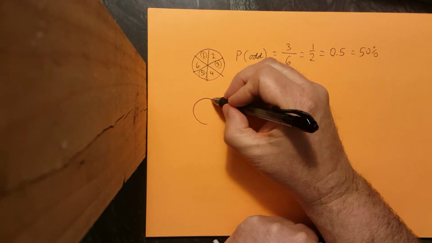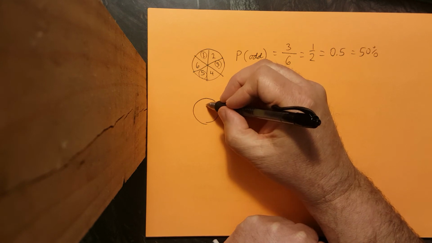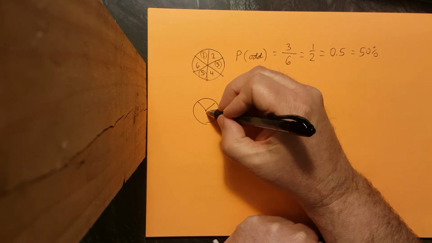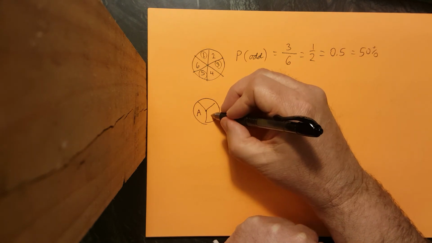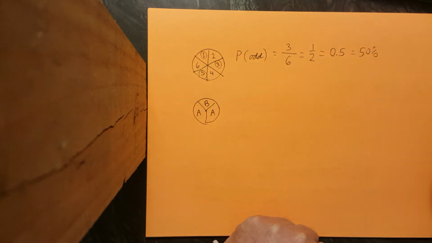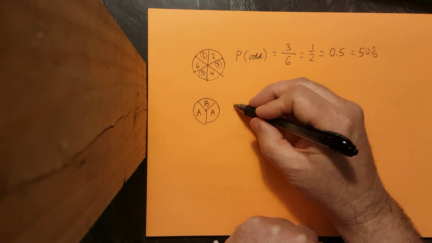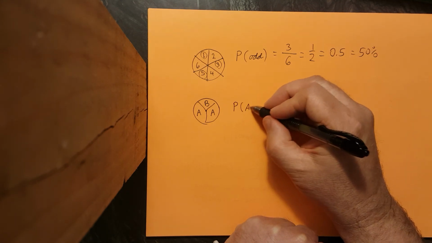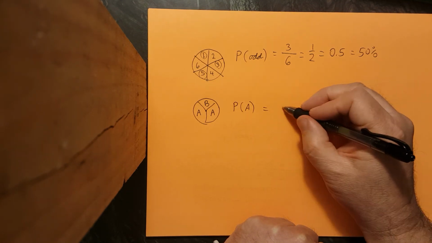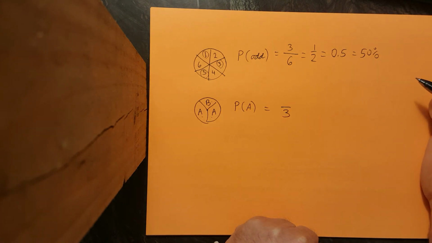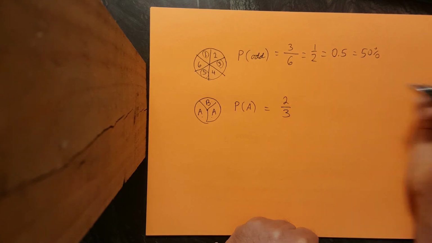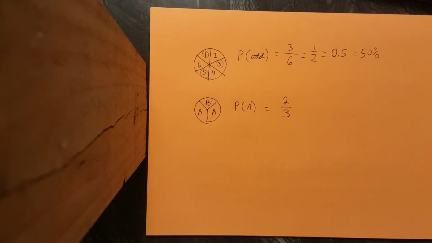They might make another spinner, and they might divide it only into 3 parts. And they might put A, A, B. Okay. What's the probability of A? Well, here there are 3 total possible outcomes, 1, 2, 3, and 2 of them are A, so the probability is 2/3.